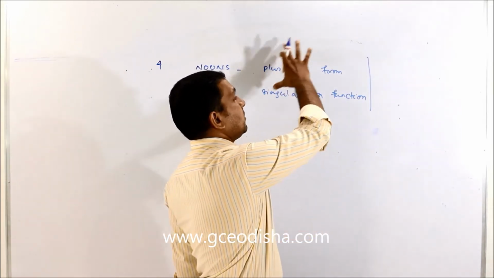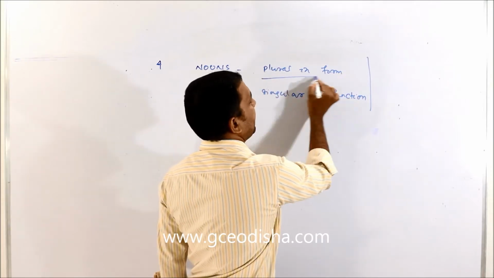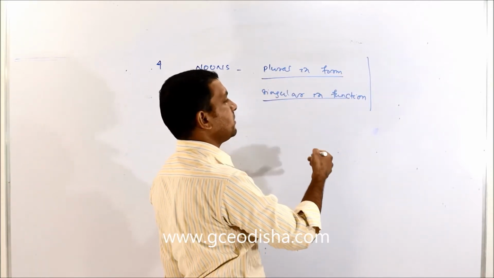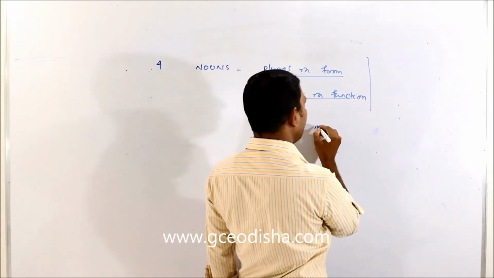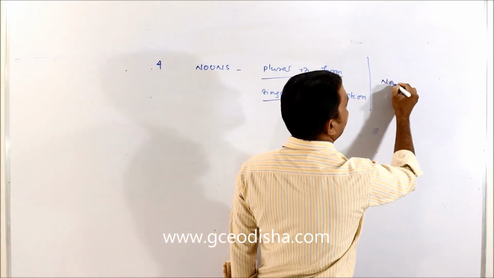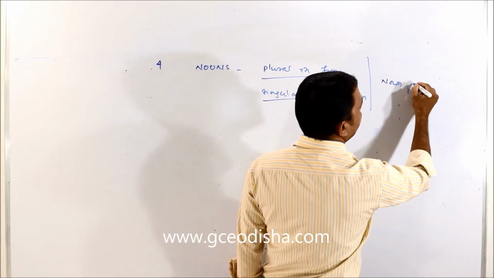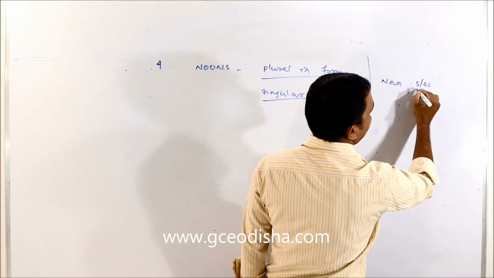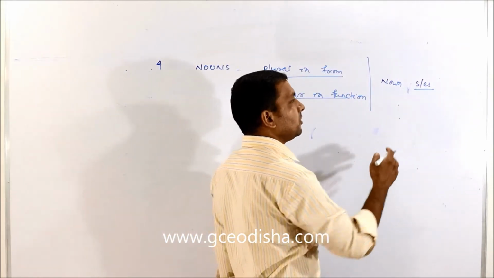So what are the common points we can derive from this line? Plural in form and singular in function means we will have some nouns that are added with s or es.